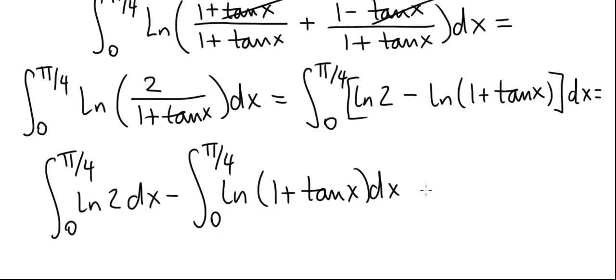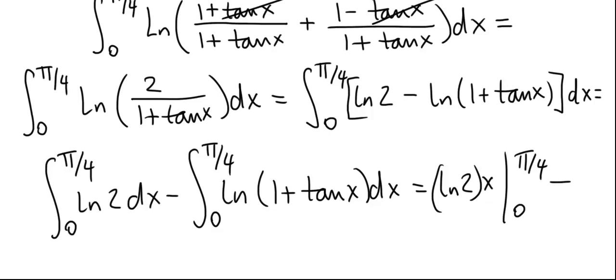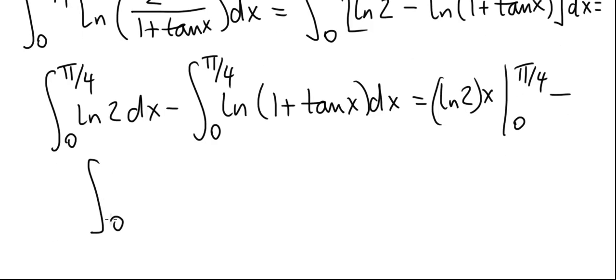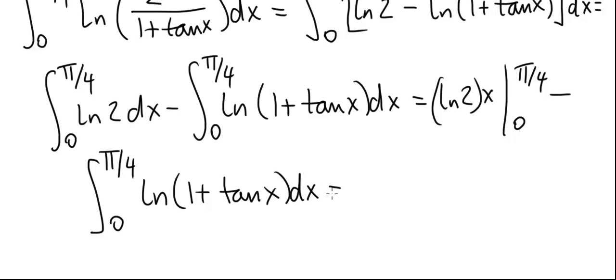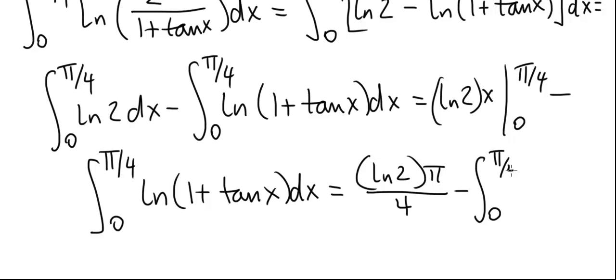Now the first integral is natural log of 2 times x evaluated from 0 to pi over 4 minus the integral from 0 to pi over 4 of natural log of 1 plus tangent of x. So this is equal to natural log of 2 times pi over 4 minus the integral from 0 to pi over 4 of natural log of 1 plus tan x dx.